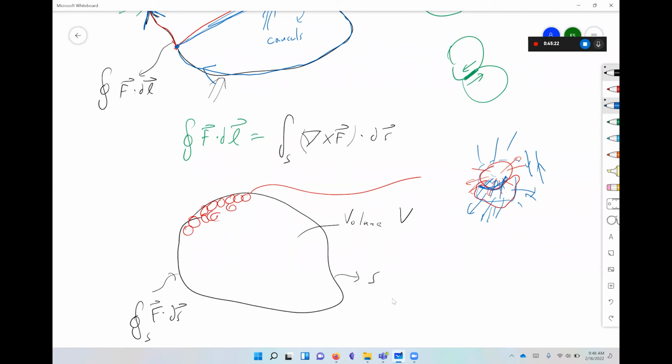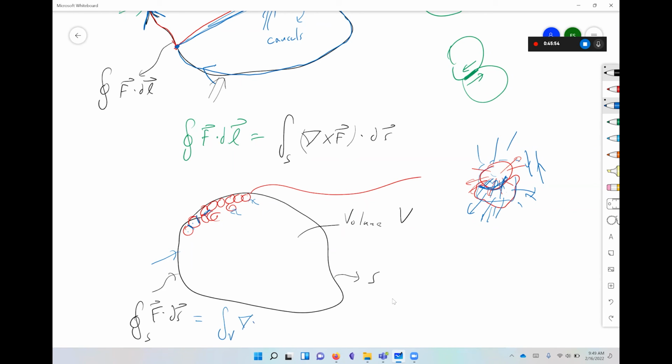So yes, you can divide this big volume into tiny volumes that sum up to the big volume, and the flux of each volume, when we sum it up, everything happening on the boundaries cancels, and what remains, the net result, is the flux coming out of the big surface. What are those small fluxes for small volume elements? That's the definition of the divergence. So intuitively, this just equals the divergence over a volume.